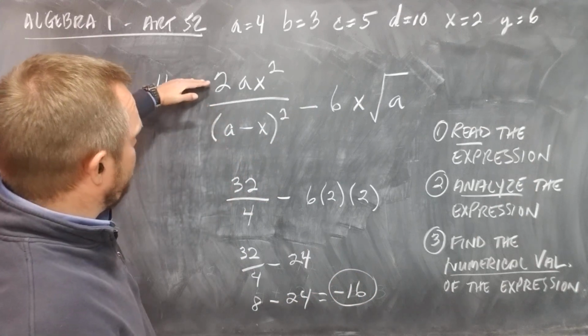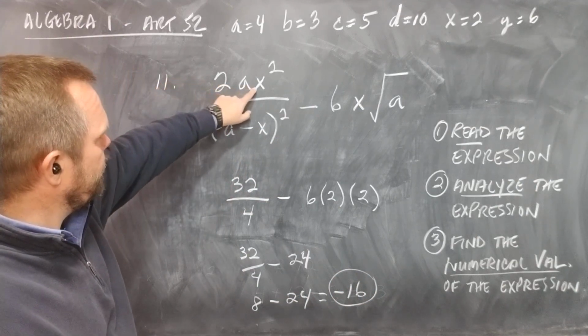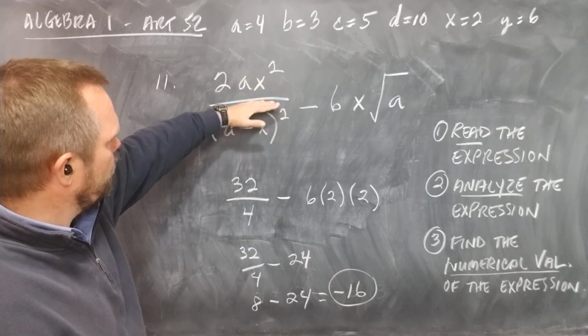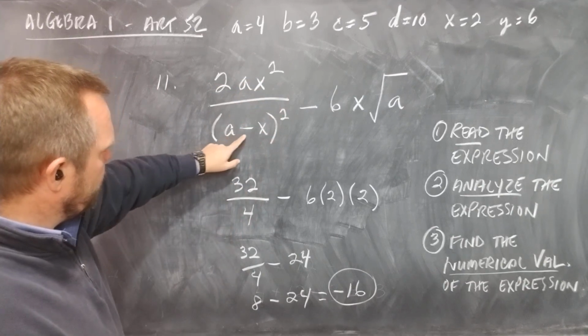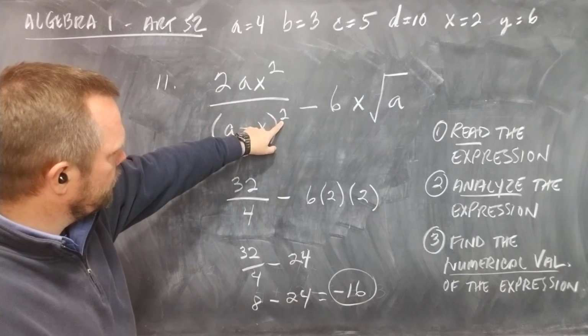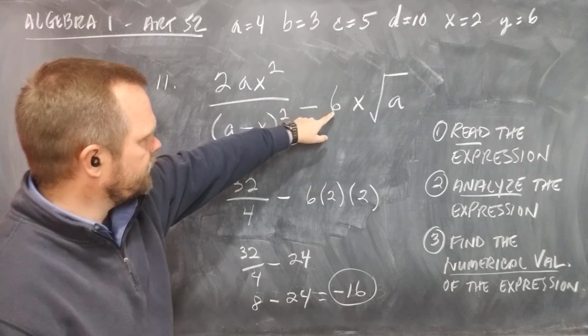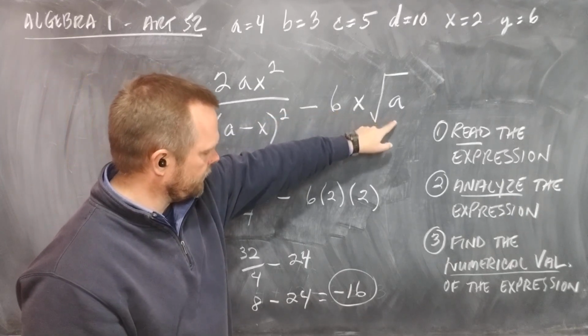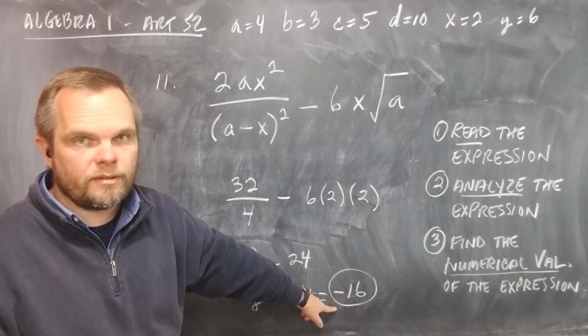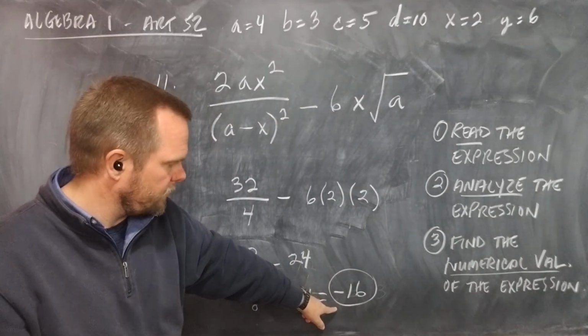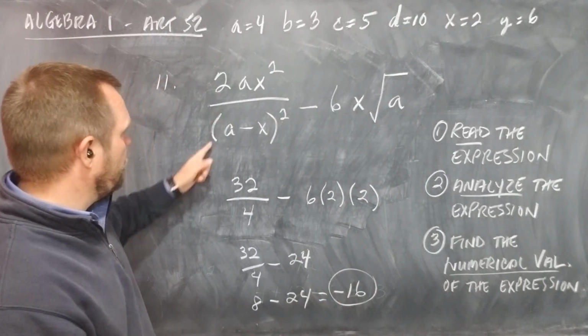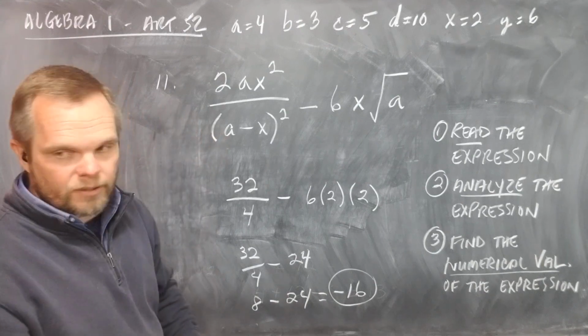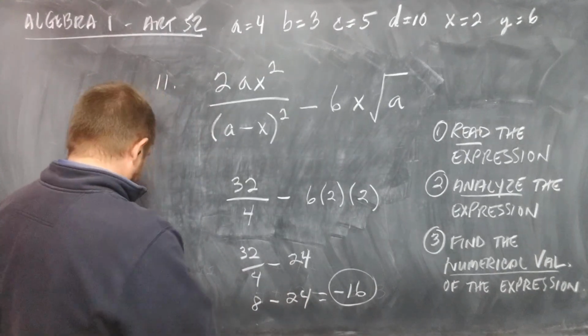So the numerical value of 2 times a times x squared divided by (a minus x) squared minus 6 times x times the square root of a is negative 16. That's the numerical value for the expression in number 11.